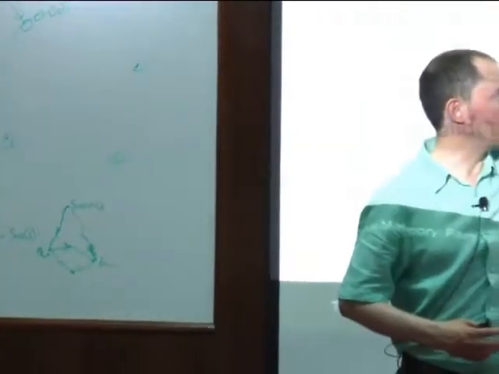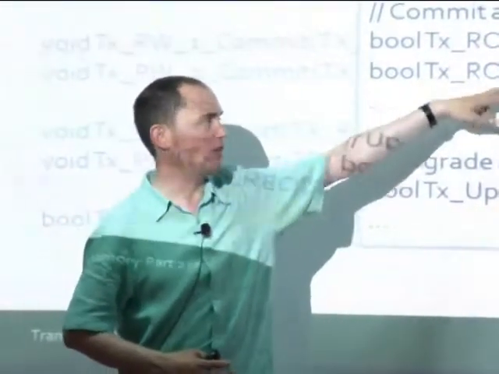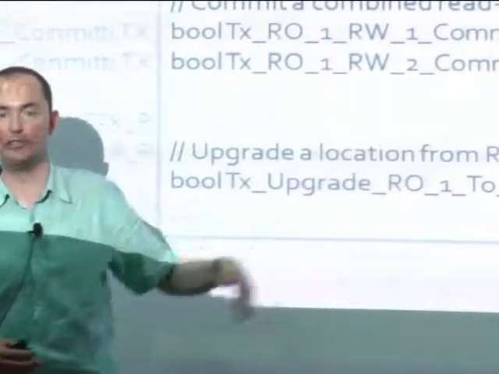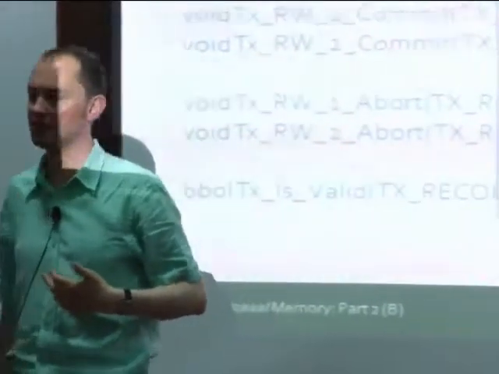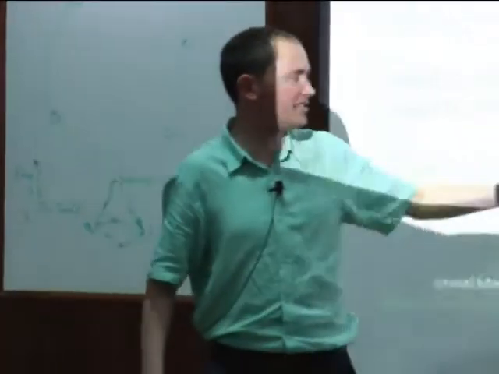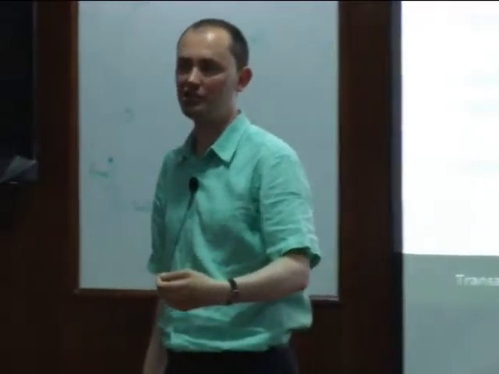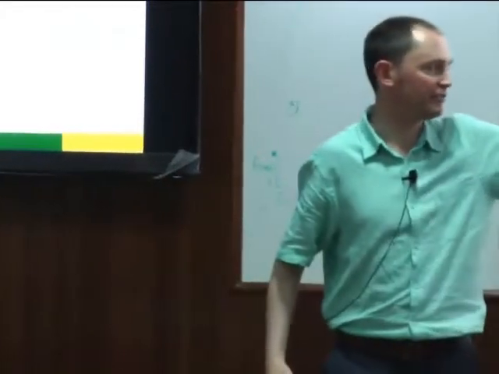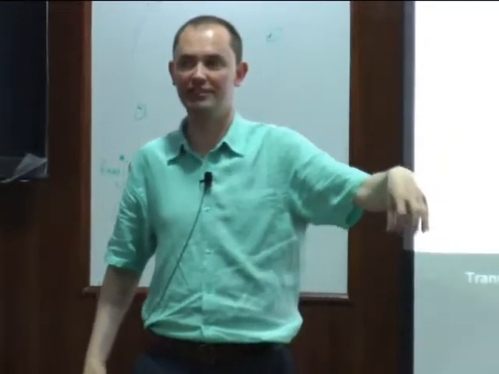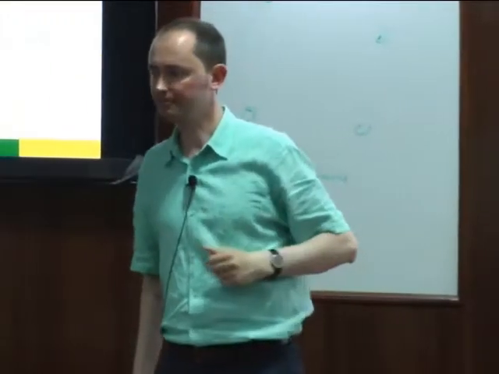So a call like this one, saying read-only 1, read-write 2, is saying that we've read from one location and we've made read-write accesses to two locations. And then on the right-hand side here are the new values to store in those two locations. We also need an upgrade operation for if we start out by reading from a location and then decide later that we want to make an update to it. We'd use this upgrade to move it effectively from the read log into the write log.